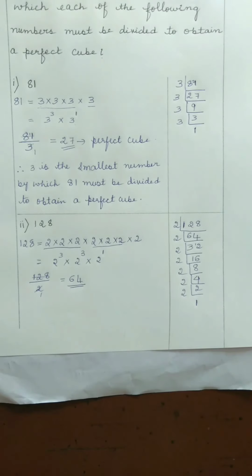Therefore, 64. 64 is a perfect cube because 4 cube, 4 into 4 into 4, is 64. Therefore, the smallest number by which 128 should be divided to make a perfect cube is 2.